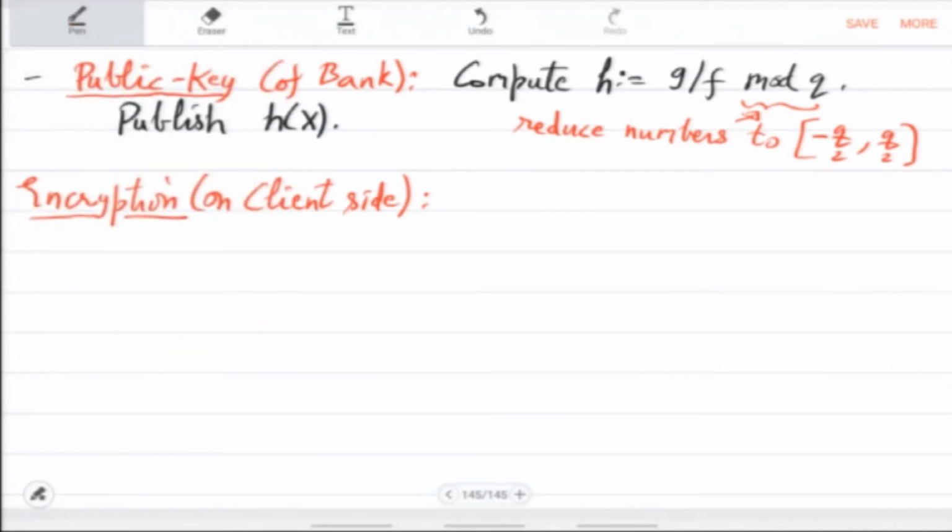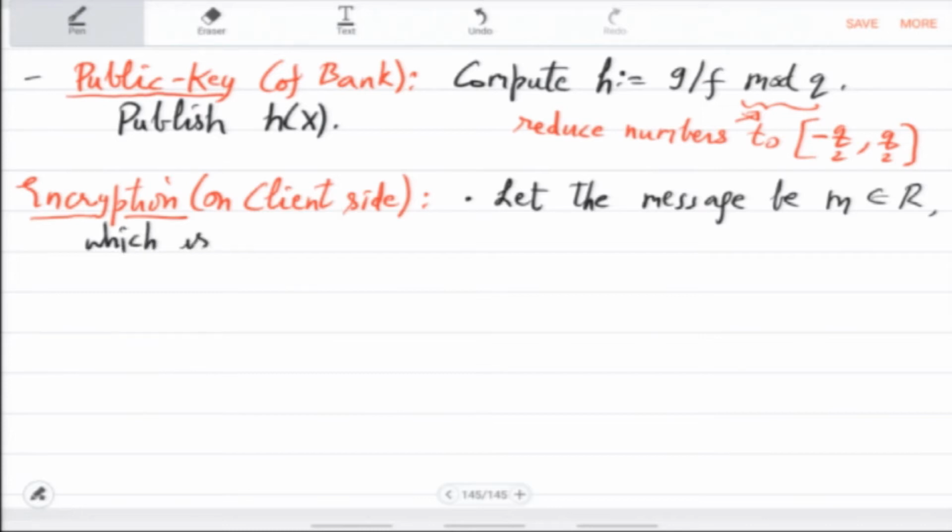So suppose the message is again an element in the polynomial ring, which we are calling m, and we will assume without loss of generality that it is also ternary, with dm 1s and dm minus 1s.